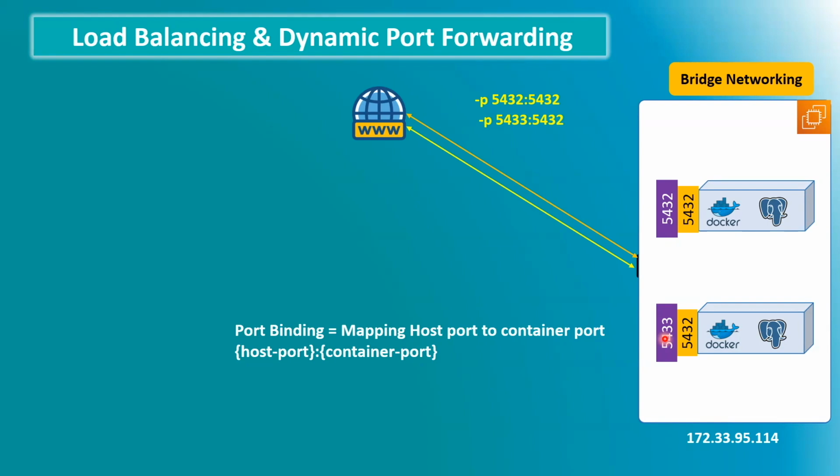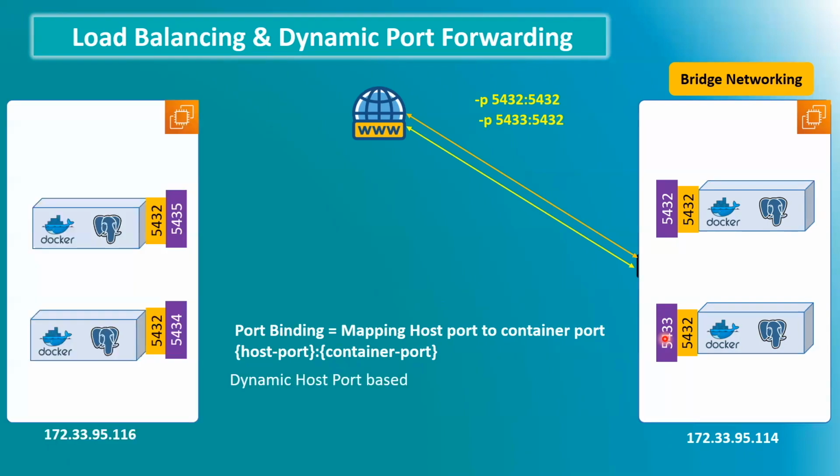Let's assume that the PostgreSQL container is getting used heavily and we need one more new host. The container port, which is static, will not be exposed to the outside world. Rather, the host port will be referred to by the external applications to reach the container inside the host.